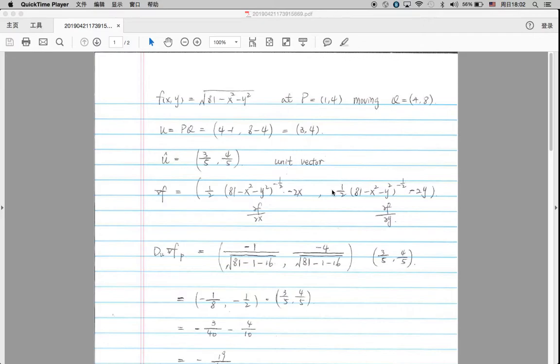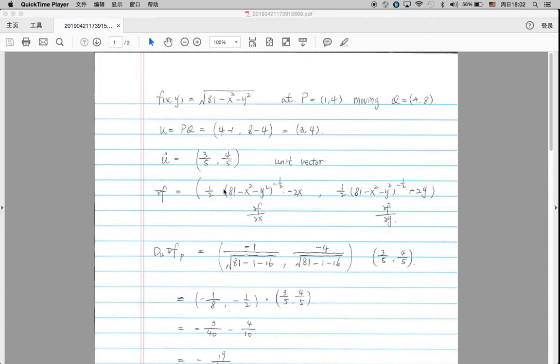However, if we want to know how this value changes in other directions, then we need to calculate the directional derivative. So for example, let's calculate it. We are asked to calculate the directional derivative for this function in the direction from (1, 4) moving to (4, 8).